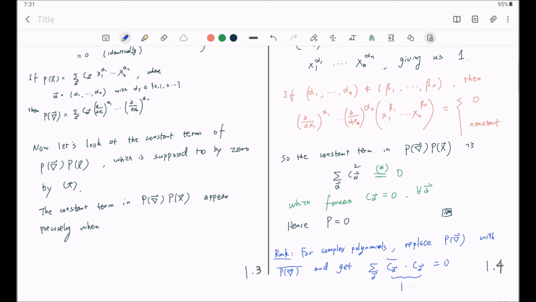And this part is just the modulus of C sub alpha squared. So we still get each C sub alpha equals 0. And we get P equals 0. Same result.